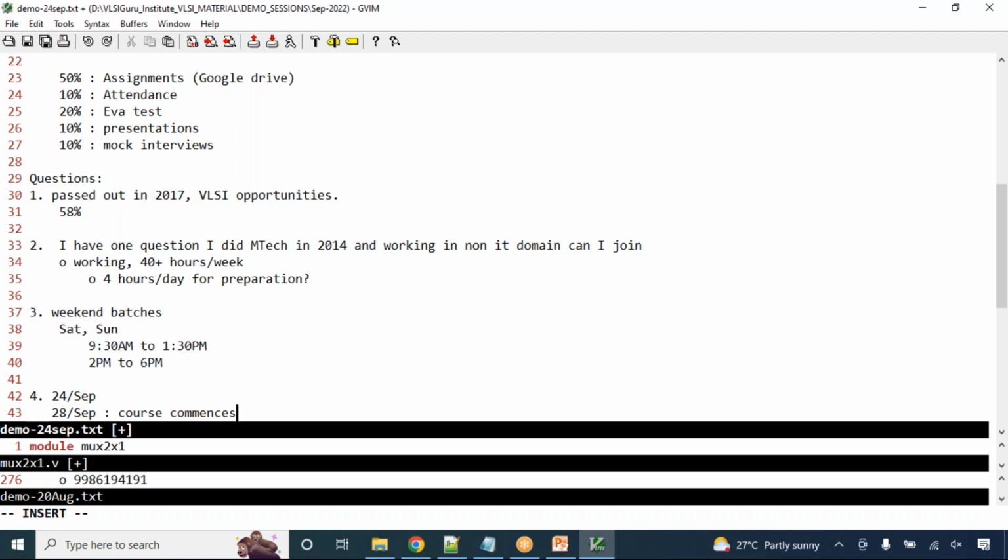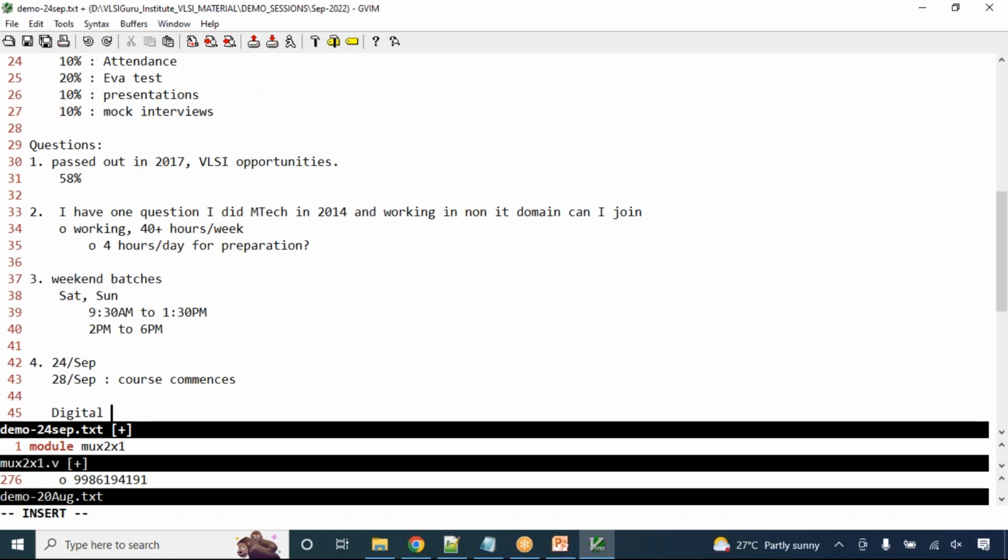Now, what it has to do with physical design is that for all the batches, the initial 3-4 weeks of training is common, because we need to teach digital for both of them. We need to teach some Linux fundamentals, how to work with GVim. Some basic things we have to teach are common. Digital plus basics of the GVim editor, the one I'm typing in, plus Linux basics.